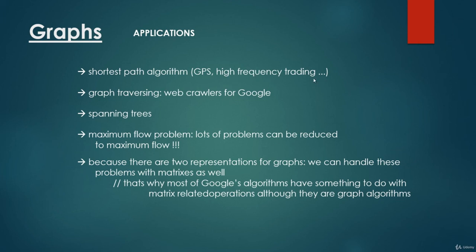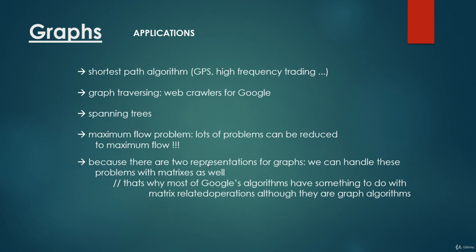Then high frequency trading relies heavily on shortest path algorithms. Then we can make graph traversing, breadth first search and depth first search. These are very important algorithms for web crawlers. Of course, Google relies heavily on web crawling. Then we are able to make spanning trees, calculate the maximum flow. Lots of problems can be reduced to maximum flow, so it is a crucial problem.